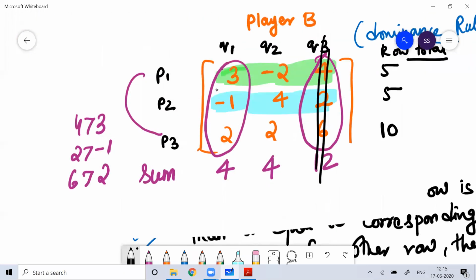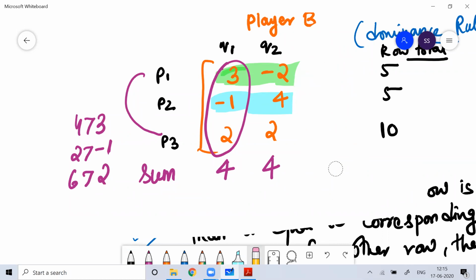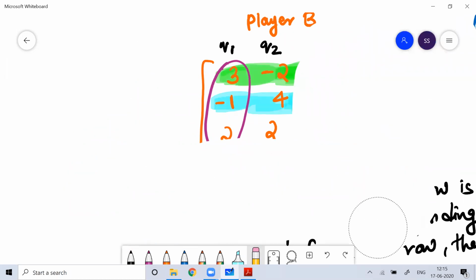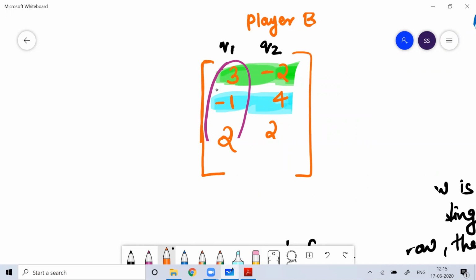Ultimately, somehow you have to reduce it to either a 2 into 2 matrix, or a 2 into n matrix, or an m into 2 matrix. Here you can see, if I delete this column, it has become a 3 into 2 matrix.